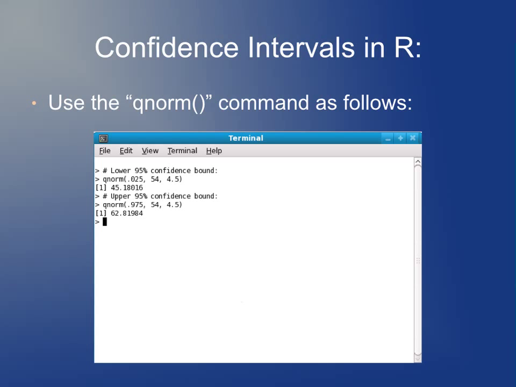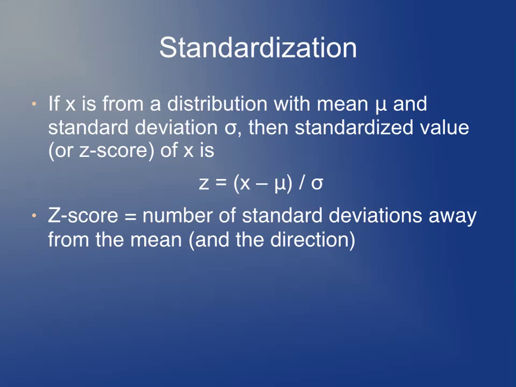The 2.5% quantile is 45.18. The 97.5% quantile is 62.82. So the 95% interval will go from about 45.18 to 62.82. In future lectures, we'll discuss how to calculate this for means and other derived statistics of interest, which is what you'll usually do in practice.